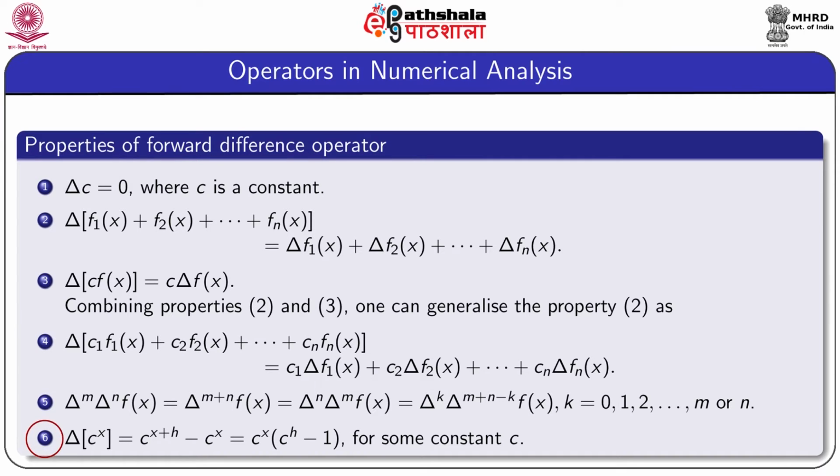And the next property is the delta of c to the power x, where c is a constant. This is equal to c to the power x plus h minus c to the power x, which is equal to c to the power x into c to the power h minus 1, and this relation is true for any constant c.